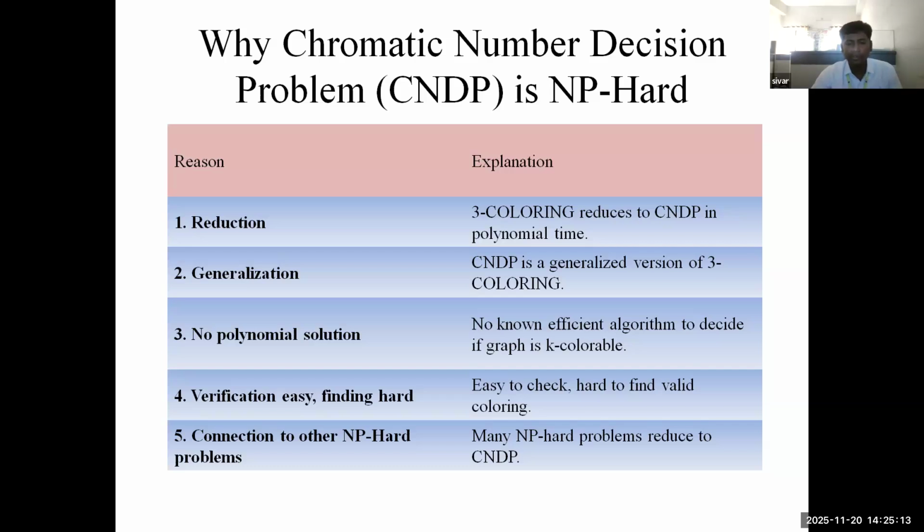Up to now, there is no efficient algorithm to decide graph coloring.